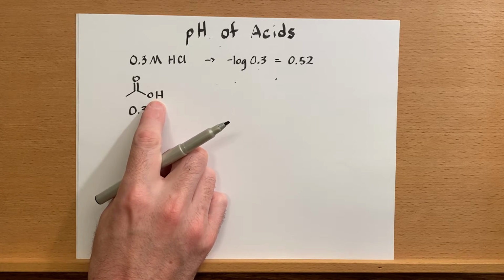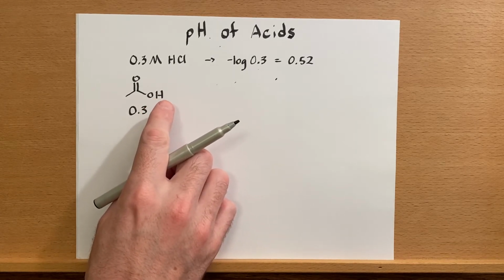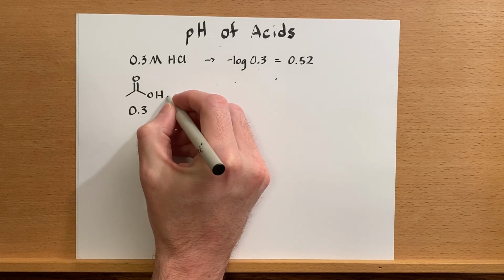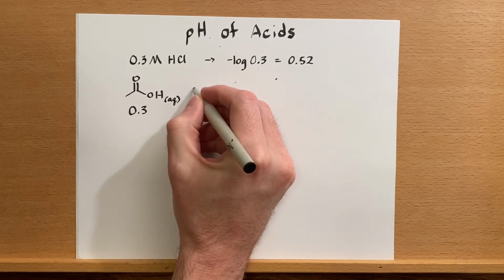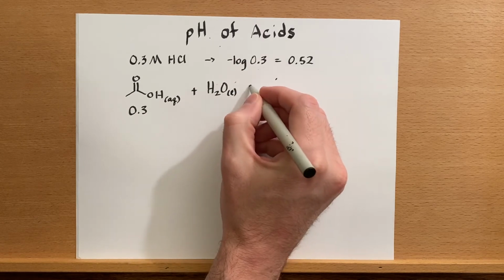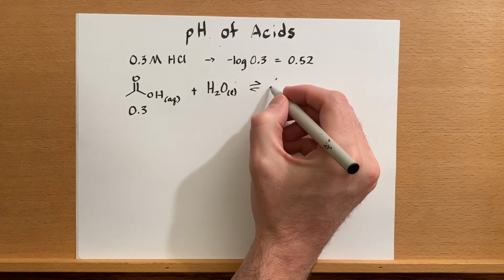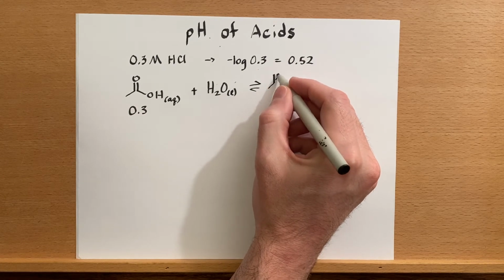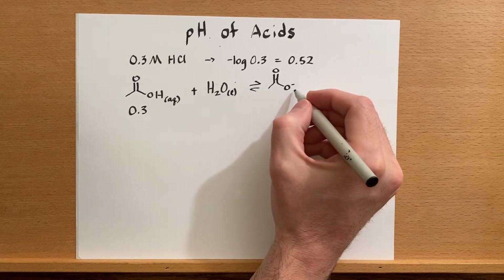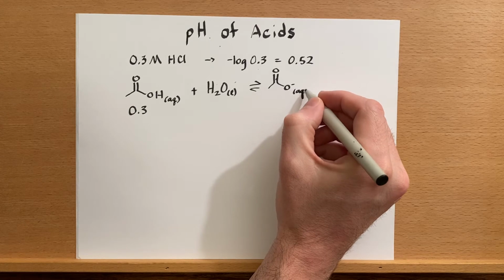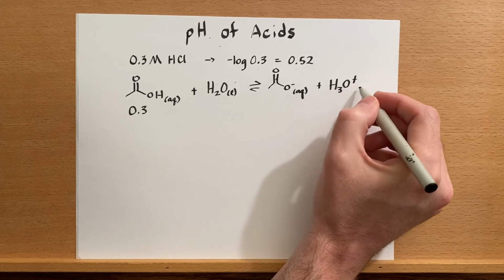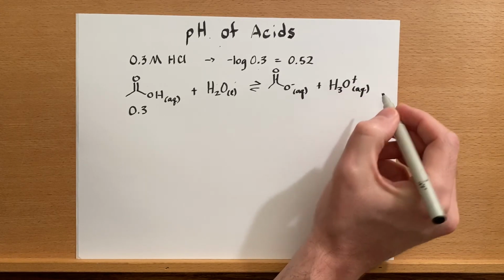And so we're going to need to do an equilibrium-based calculation to find out how much of this proton comes off in the solution. And for that, we'll need to write the Ka expression, or reaction, which is just acetic acid, this is aqueous, reacting with water, that's liquid, and that will be in equilibrium with its conjugate base, acetate ion, and that's aqueous, and H3O+, hydronium ion, and that's aqueous as well.